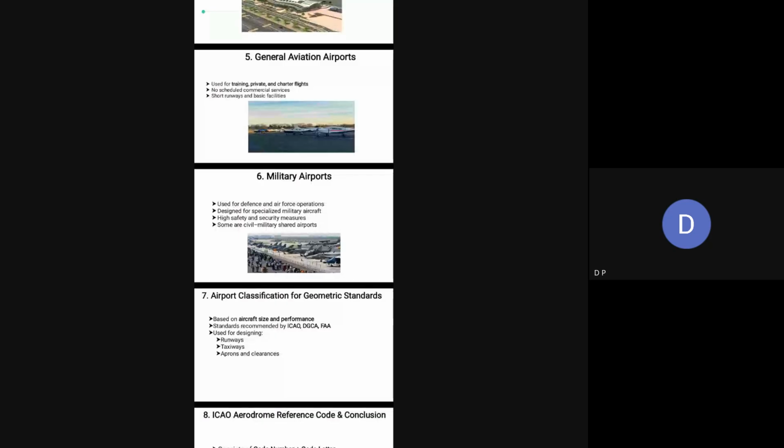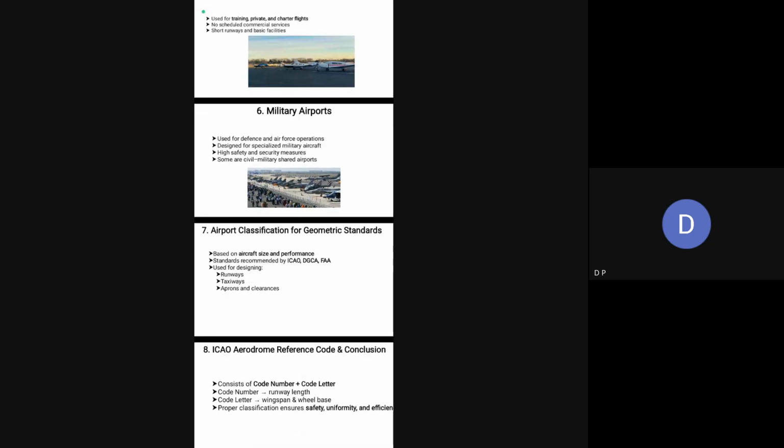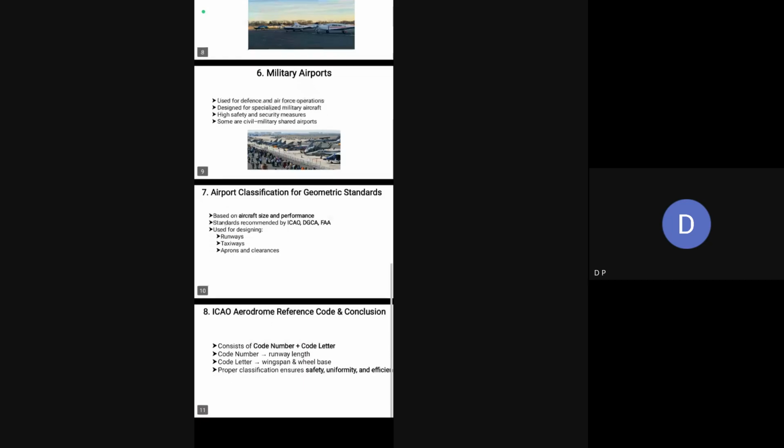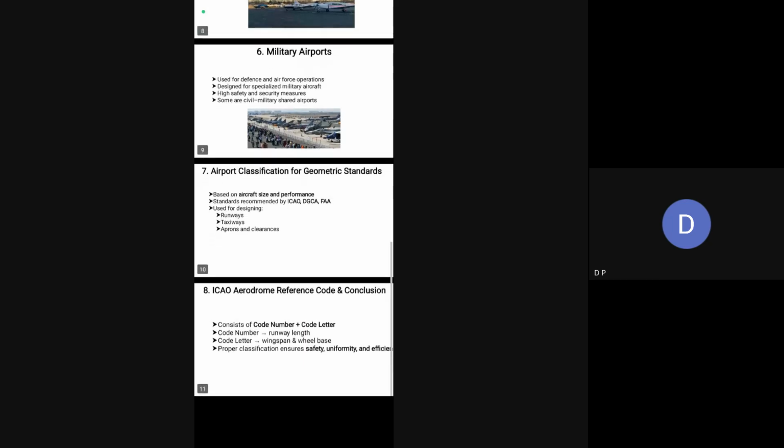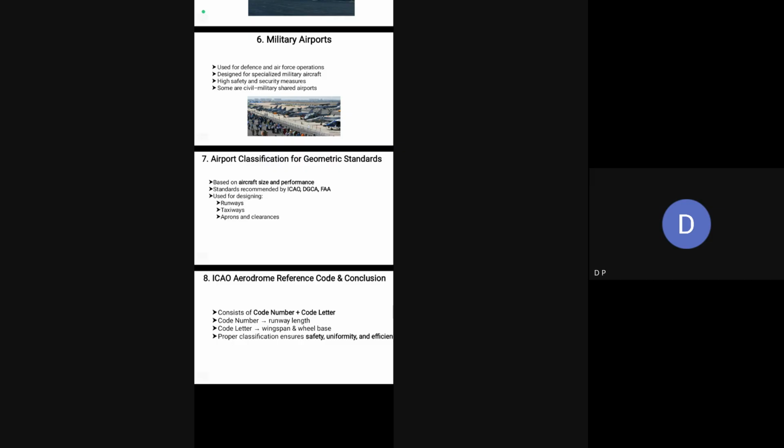Standards recommended by the International Civil Aviation Organization, Directorate General of Civil Aviation, and Federal Aviation Administration are used for designing runways, taxiways, aprons, and clearances. ICAO Aerodrome Reference Code consists of a code number plus a code letter: code number relates to runway length, code letter to wingspan and wheelbase. Conclusion: proper classification ensures safety, uniformity, and efficiency. Thank you, sir.